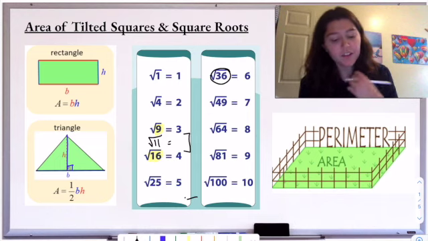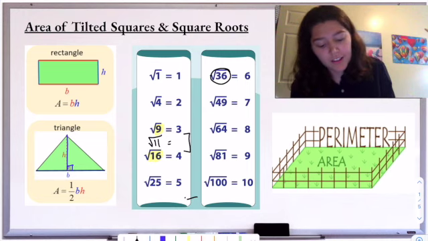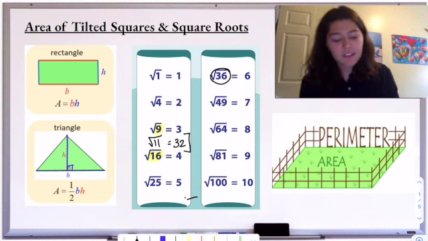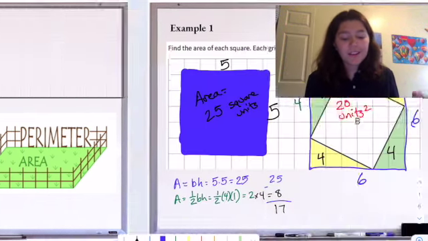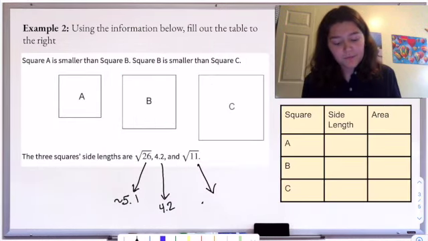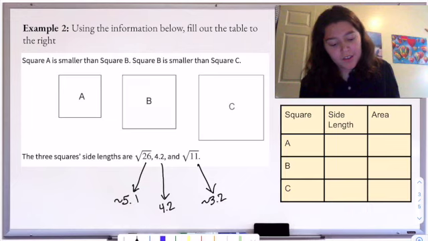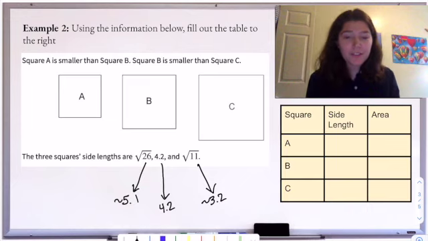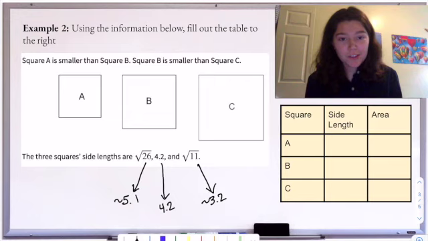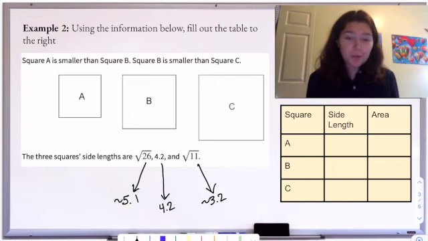It's going to be closer probably to 3 than to 4, since 11 is closer to 9 than it is to 16. So for the moment, I'm just going to estimate 3.2, because it really doesn't matter. Okay, so the square root of 11 is somewhere near 3.2, meaning if you take 3.2 and multiply by 3.2, you're going to get somewhere close to 11.